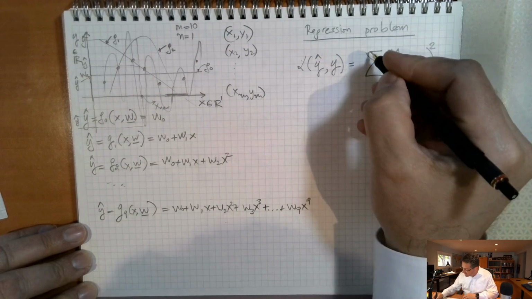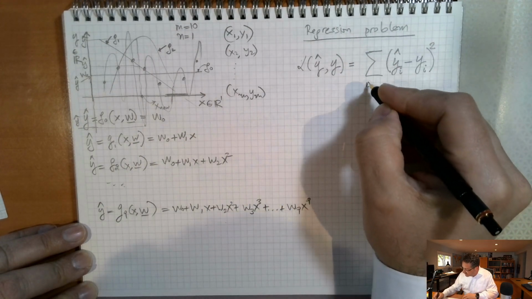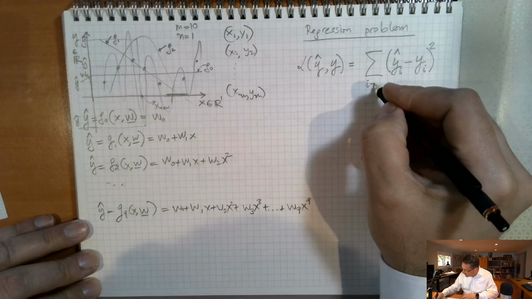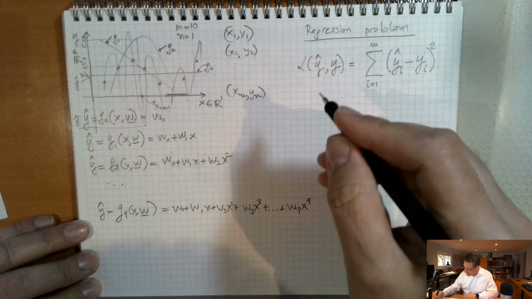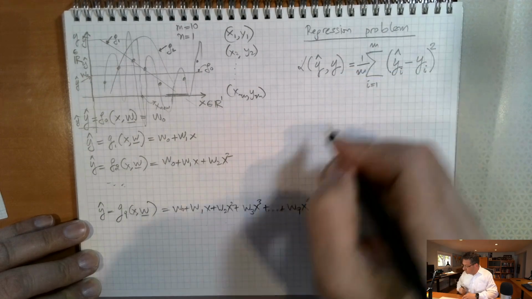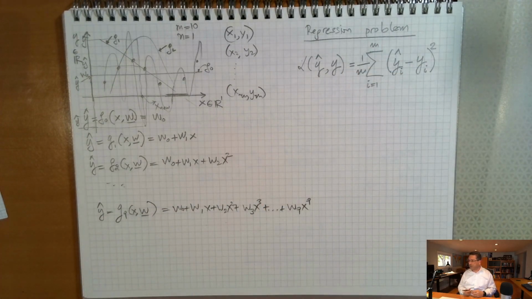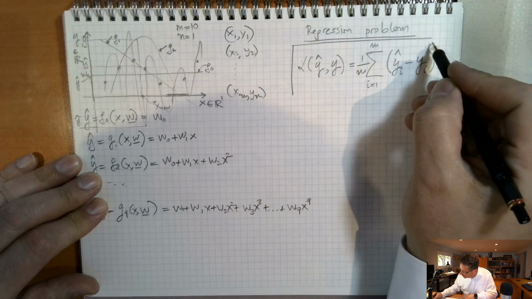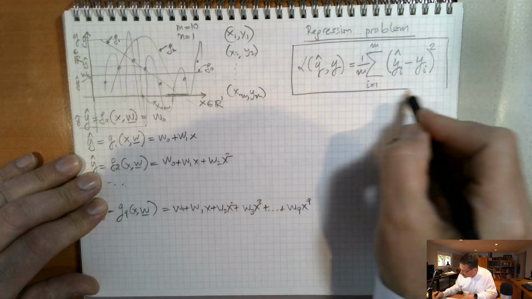And it's very easy to convert m differences to a single number. We're just going to sum over all of our examples and normalize by the number of examples we are given. And this is really the loss function that we are going to use from now on.